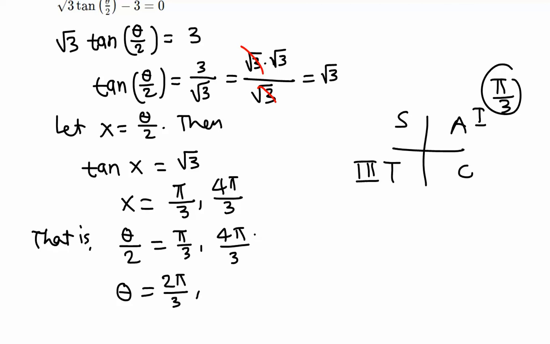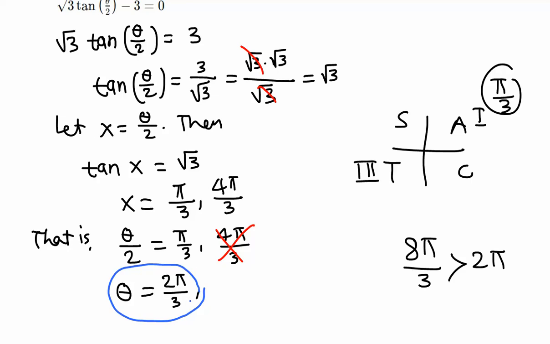Multiply this by 2 on the top, so 2 times 4 is 8 pi over 3. 8 pi over 3 is bigger than 2 pi. 8 over 3 is 2.6. This is bigger, so it is outside of our range, because we are supposed to find all the angles up to 2 pi. So in fact we didn't have to write this, and the other is the final answer.